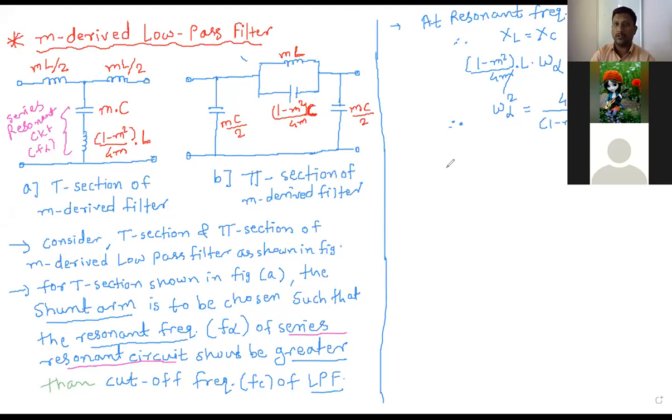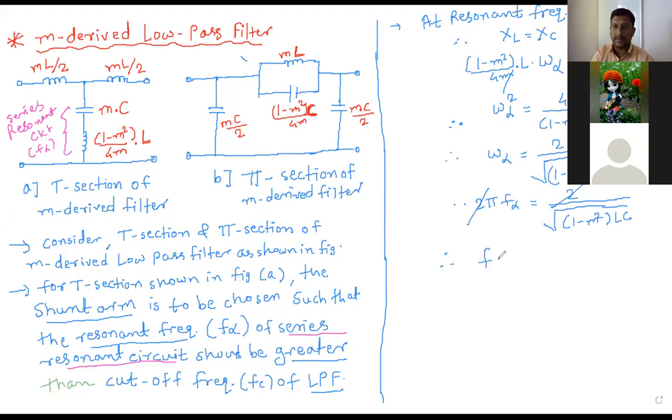Next, take the square root on both sides. Omega alpha is equal to 2 divided by under root (1 minus m square) into L into C. Now omega alpha is nothing but 2 pi f alpha, equal to 2 divided by under root (1 minus m square) into L into C. So this 2 and this 2 will get cancelled.